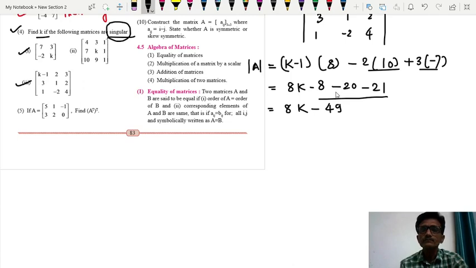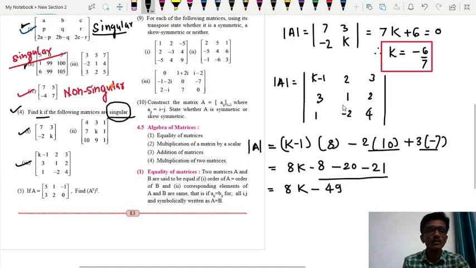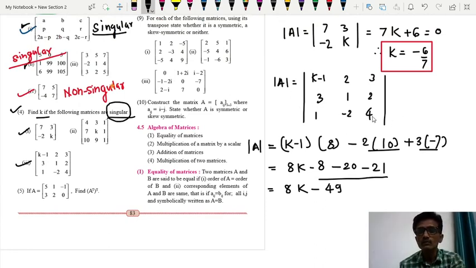So here let's check if it is correct or not. k minus 1 into 4 plus 4, it is 8, minus 2 times 12 minus 2, it is 10, then plus 3 times minus 6 minus 1, minus 7, it is minus 21, this is minus 20, here it is 8k and minus 8, yes, it is 8k, and this is 41, and this 49.